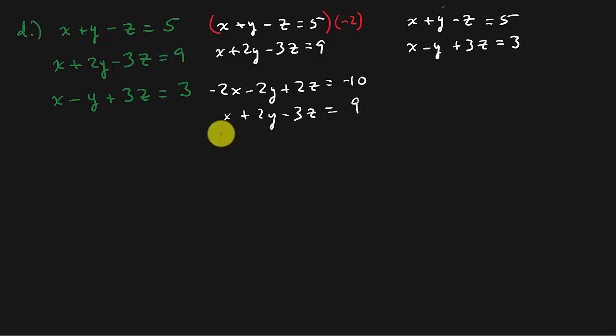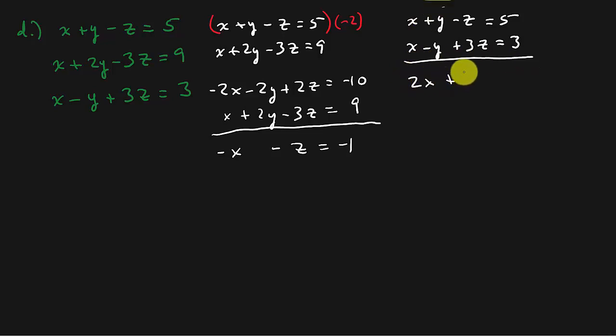When I add them, I get -x minus z equals -1. And then here, all I do is add, so that's 2x plus 2z equals 8. So now I've got -x minus z equals -1.